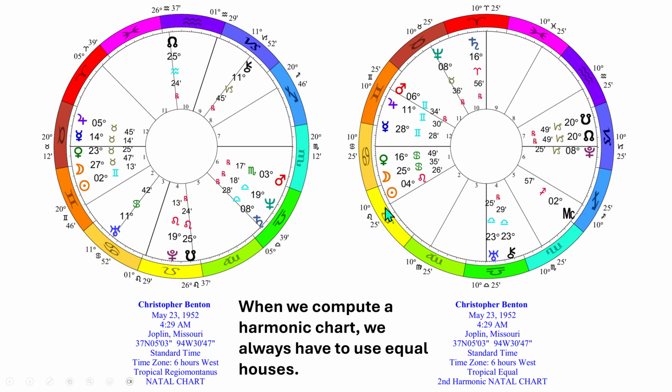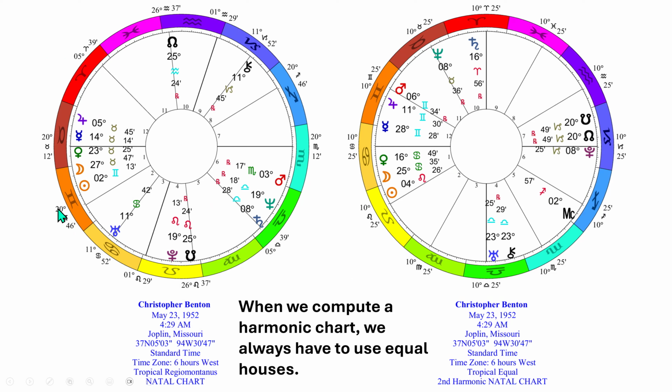They both, in this case, wind up at about, let's see, 20 degrees Gemini, that is going to be 80 degrees from 0 degrees Aries.